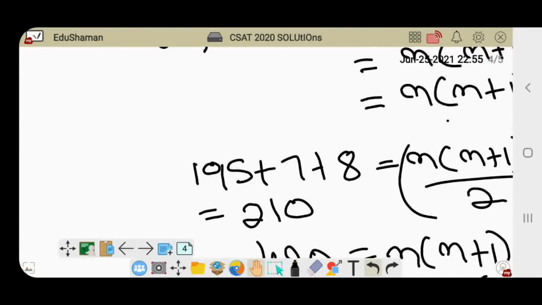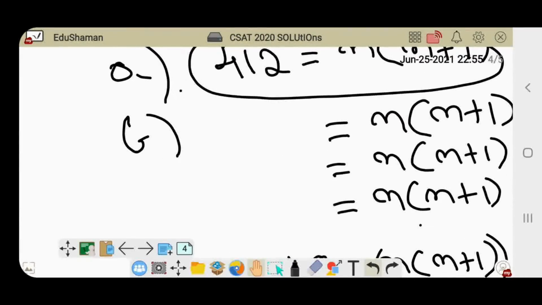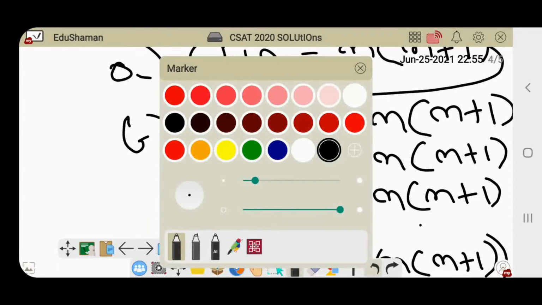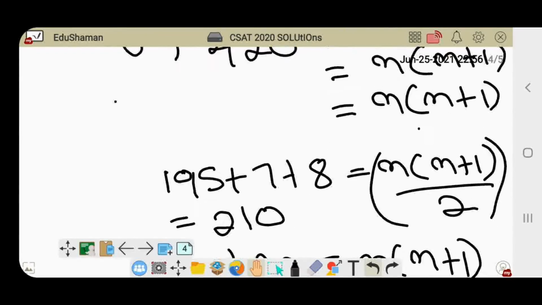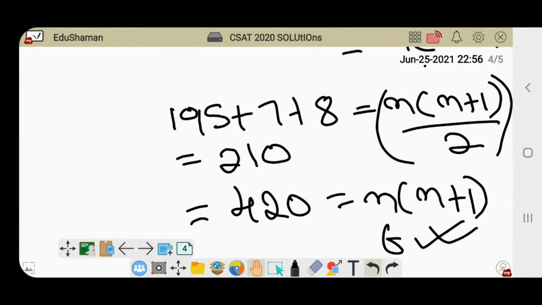So let's go to the top and enter this value, 420, whether 420 fits this pattern n into n plus 1. Okay, so let's go down and check with option C. With option C, I'll erase this. Instead of 7 and 8, it would be 9 and 10.